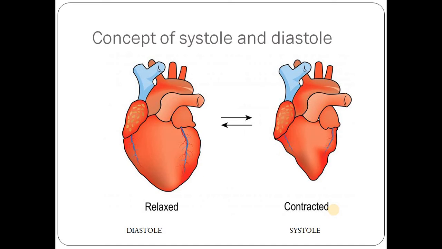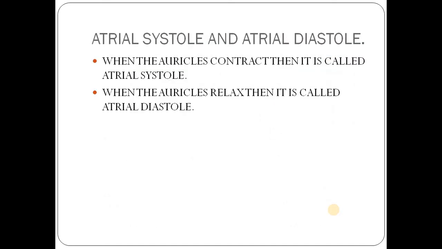If we know what systole and diastole are, then we can easily understand the events of the cardiac cycle. So please remember, we are replacing the word relaxed with diastole and contraction with systole. Moving to the next slide, we should know atrial systole and atrial diastole. The auricles, the chambers in the upper portion, also contract and relax.